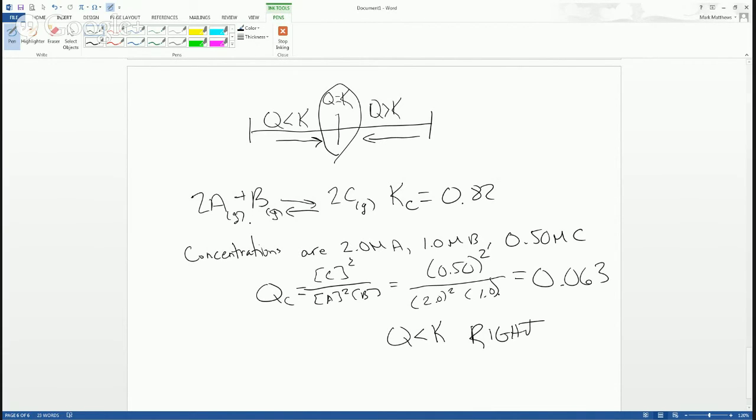Again, the forward reaction is going to have to pick up the pace, move a little bit quicker to increase the amount of C at any given time until you get that magic ratio that makes the equilibrium constant 0.82. And once you achieve this magic ratio, then you get equilibrium, and both directions will occur at the same rate.